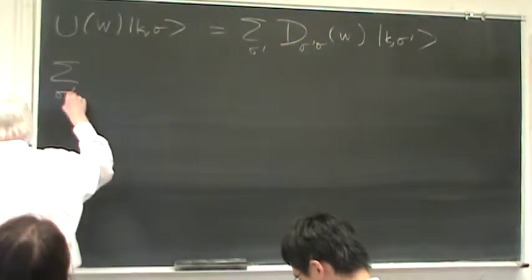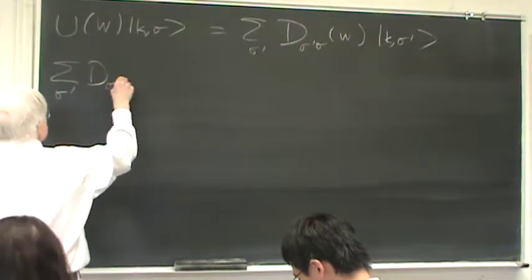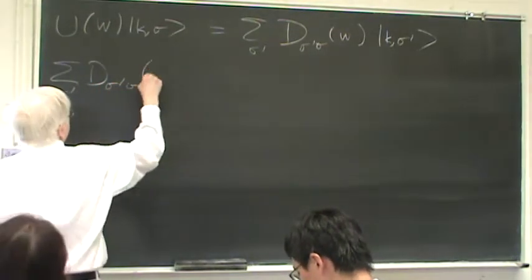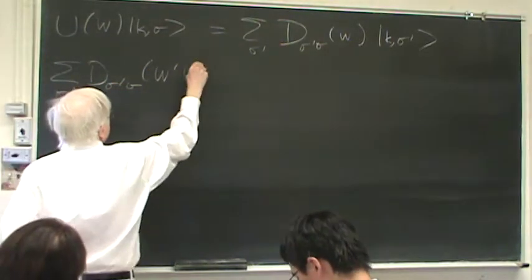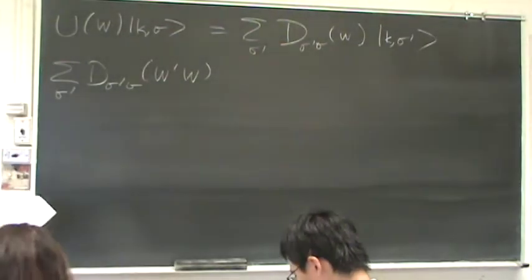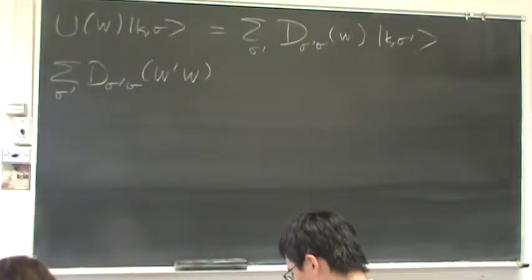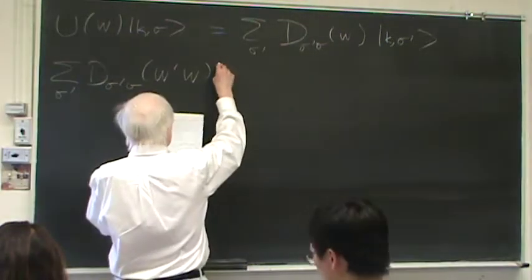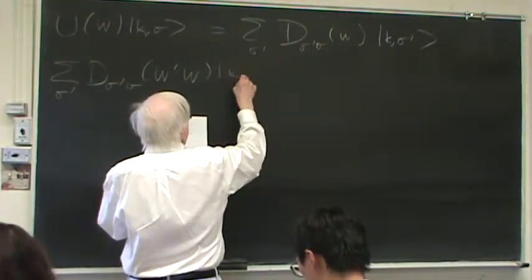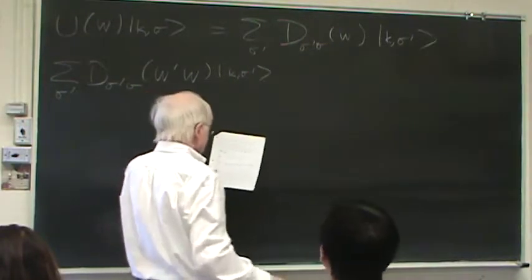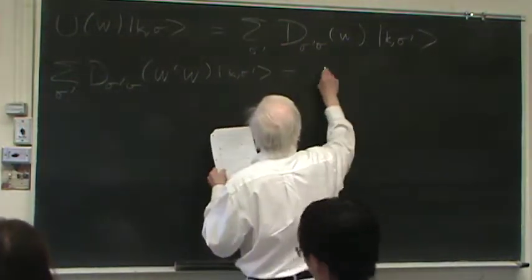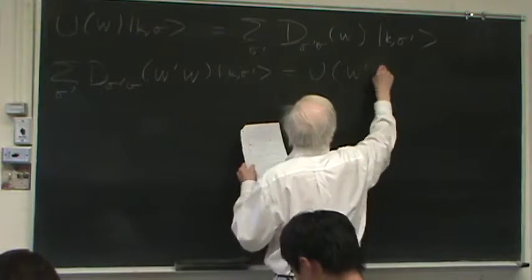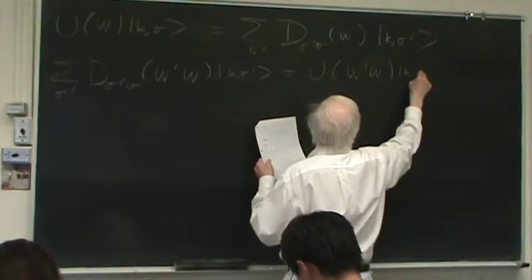What about some sigma prime, d sigma prime sigma of W prime W? So this is two Wigner rotations, although in general, for the massless case, they're not rotations. Well, they could be rotations, they're not always rotations. So this causes U of W prime W, K sigma.